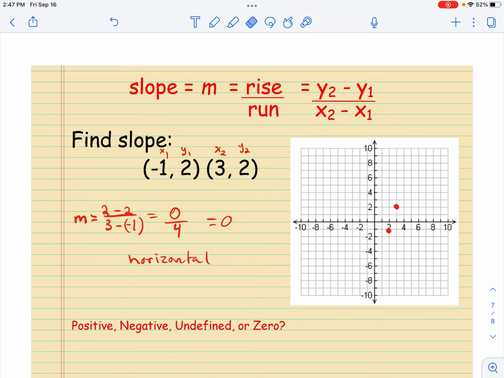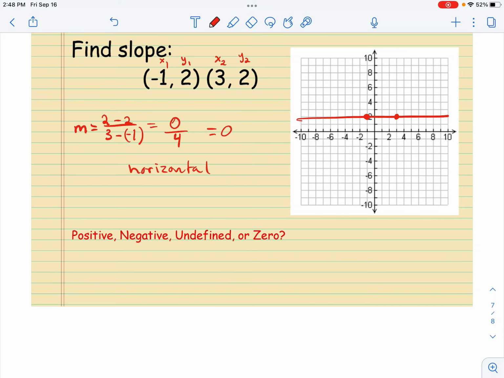Once again, I did not graph those points correctly. All right, the first one is -1, so I go left 1 and up 2. Second one, I go out 3 to the right and then up to 2. And when you connect those points, they are just a horizontal line along the y-axis at 2. So this one's slope would be 0.